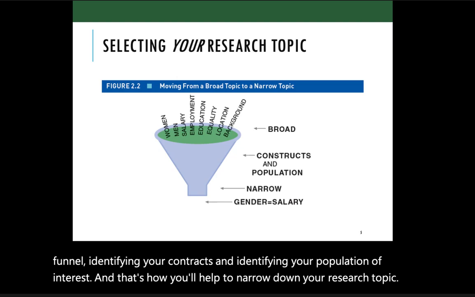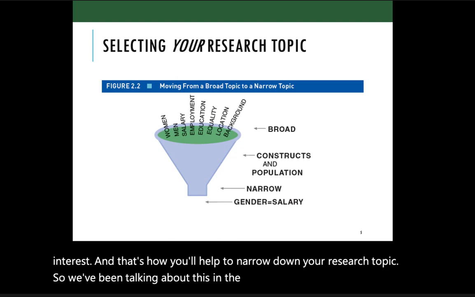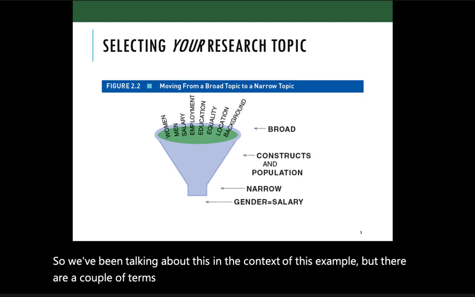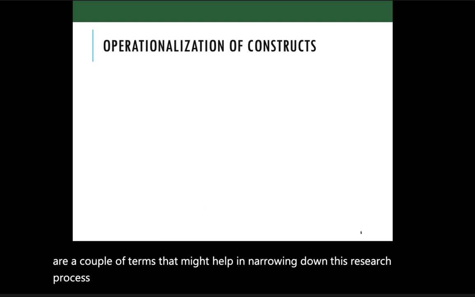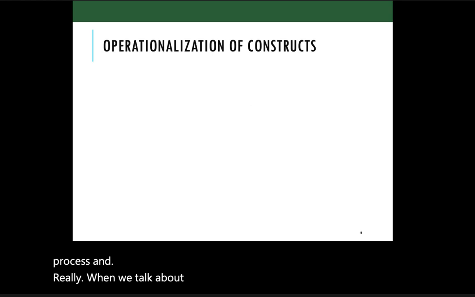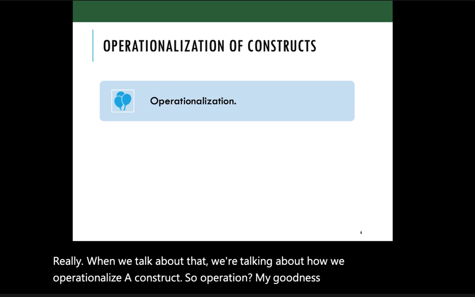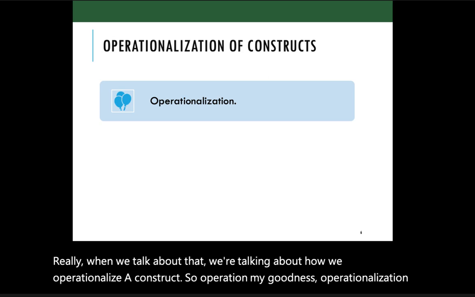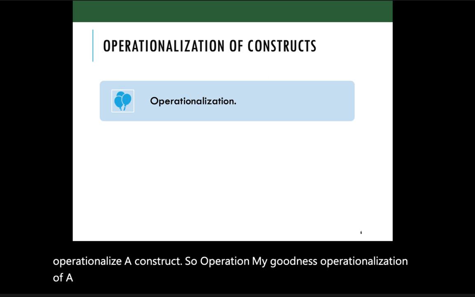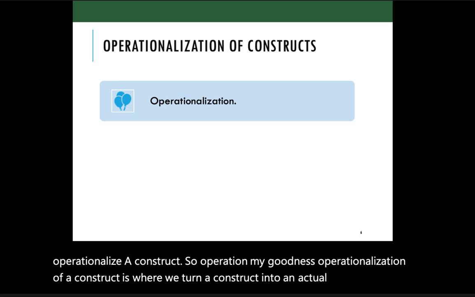So we've been talking about this in the context of this example, but there are a couple of terms that might help in narrowing down this research process. And really, when we talk about that, we're talking about how we operationalize a construct. So operationalization of a construct is where we turn a construct into an actual variable that we can measure.